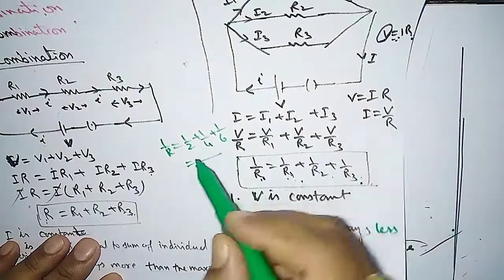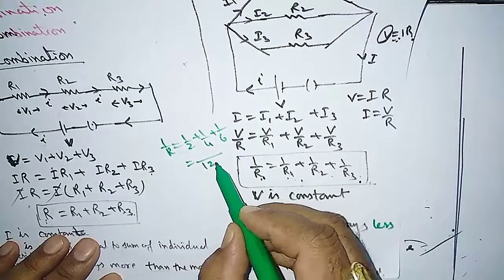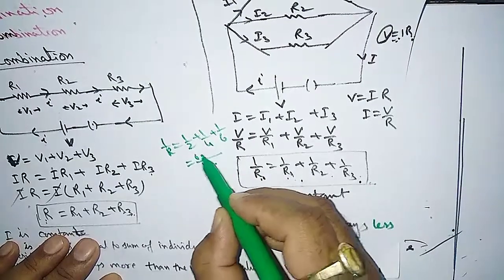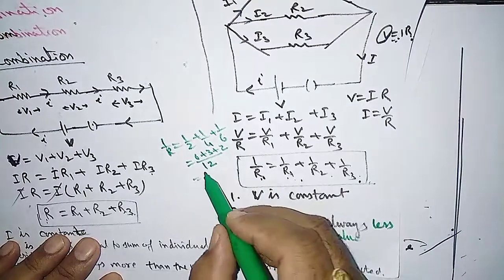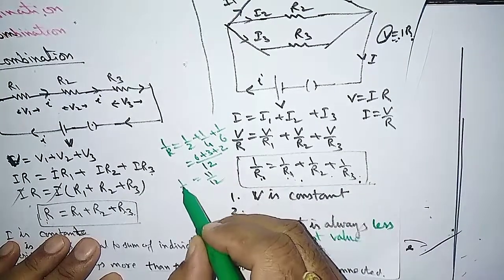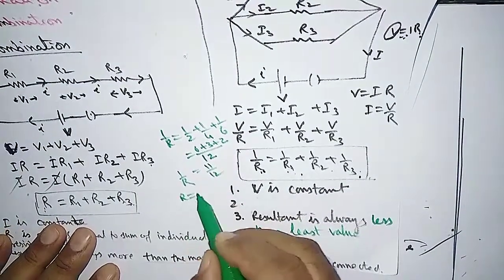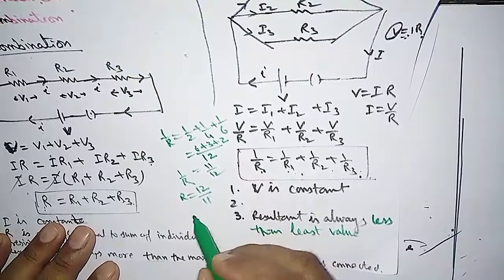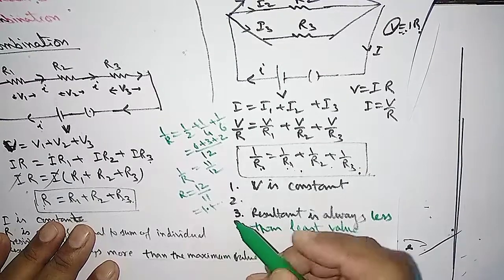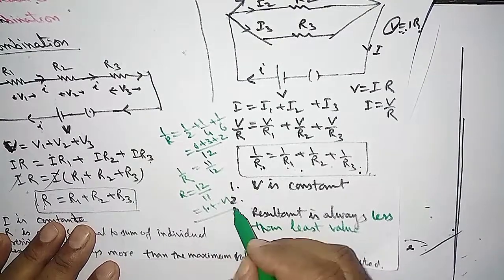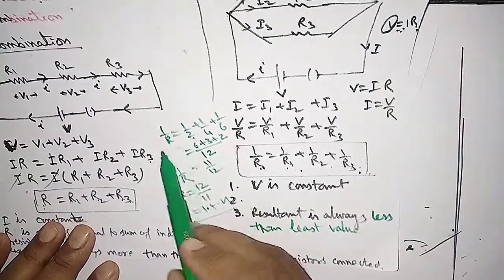So here the common denominator is 12. So 6 plus 3 plus 2, so it is 11 upon 12. 1 upon R is 11 upon 12, so R is equal to 12 upon 11, that is 1 point something, approximately 1.1 ohm. So always less than the least value.